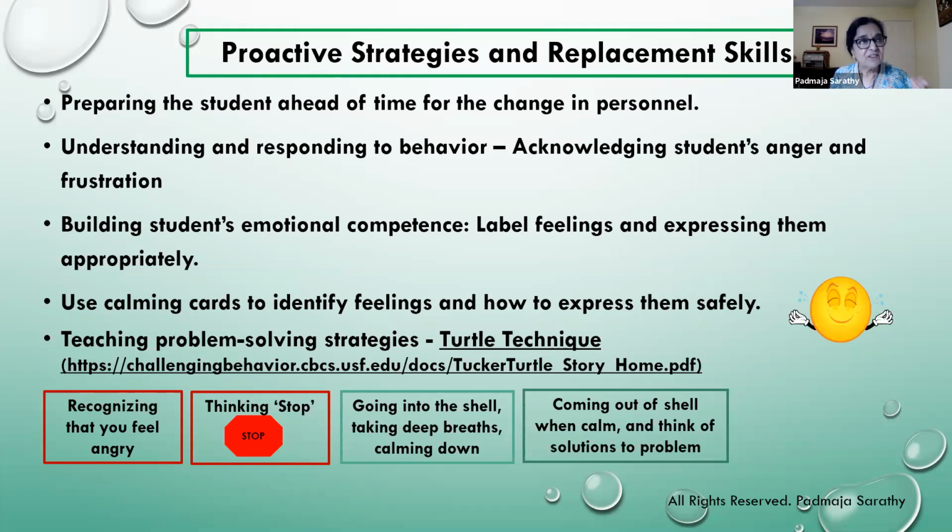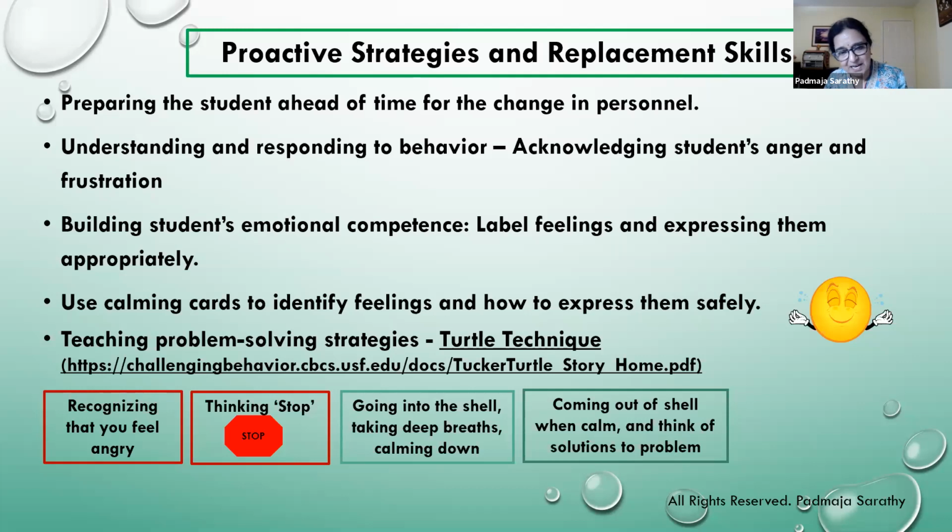You can print out the pictures from that website. Step one is the child recognizes that she or he is feeling angry. So at that point, they have to think stop. They have to get into their shell. They have to take a deep breath and calm down.